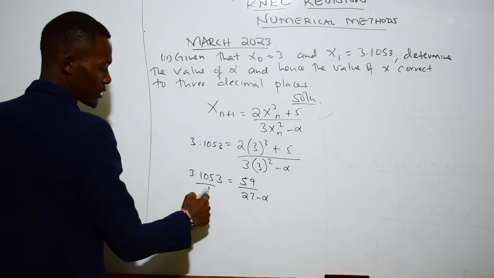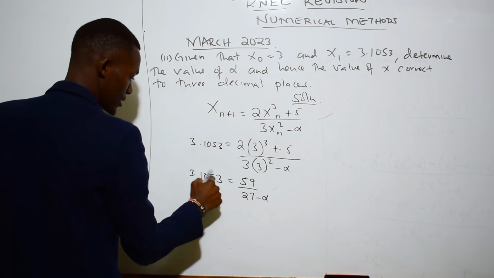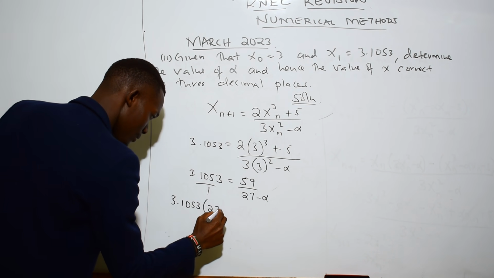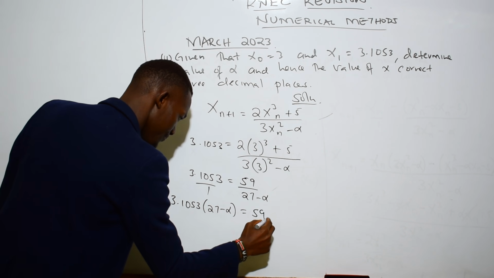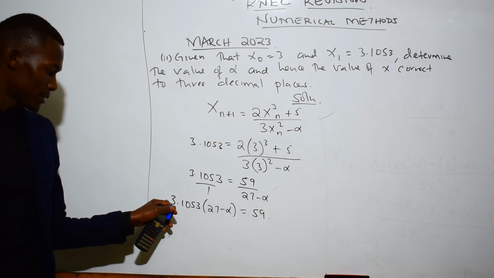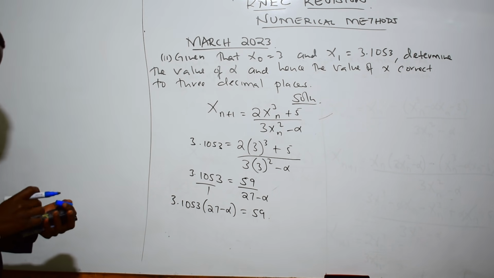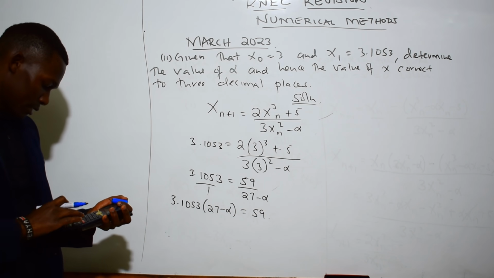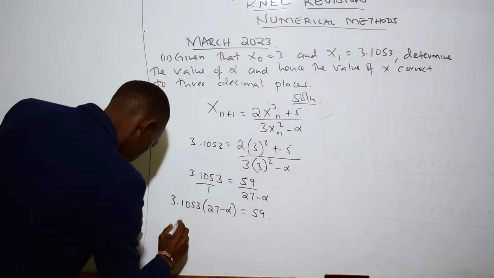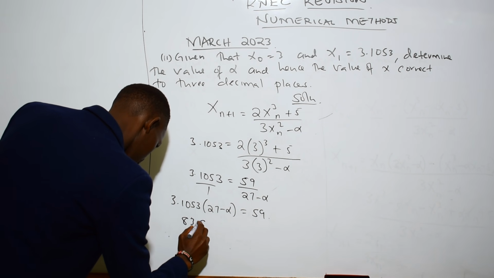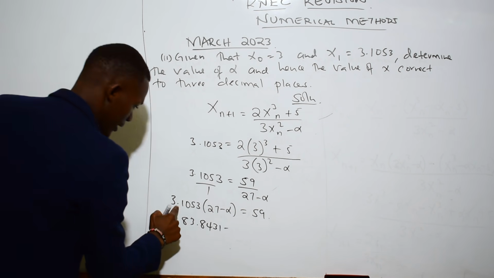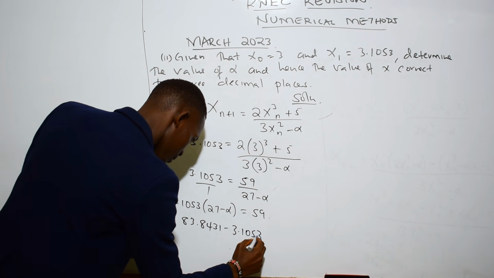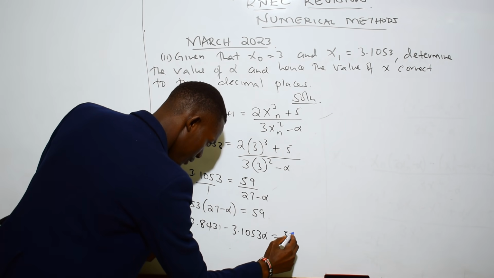So you shall have 3.1053 times 27 minus alpha gives you 59. Now remember this term opens up everything here, so you shall have 3.1053 multiplied by 27, which gives you 83.8431, then minus 3.1053 alpha, right, equals 59.